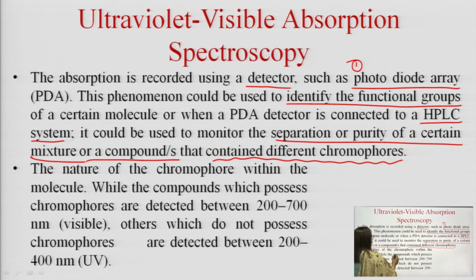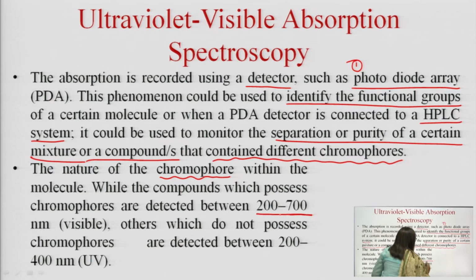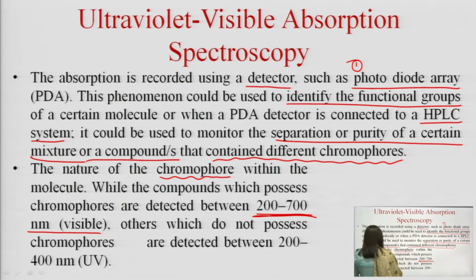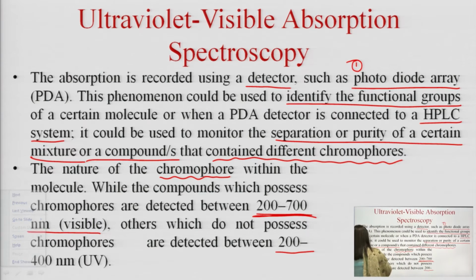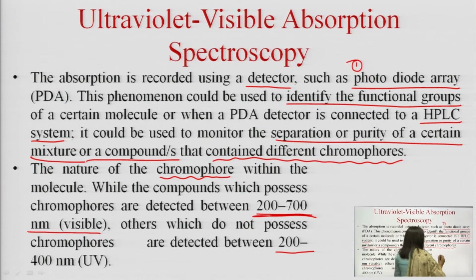The compounds that possess chromophores are detected between 200 to 700 nm, that is the visible range, and others which do not possess these chromophores are detected under UV of 200 to 400 nm. So, let us shed some light on the type of range of radiation.